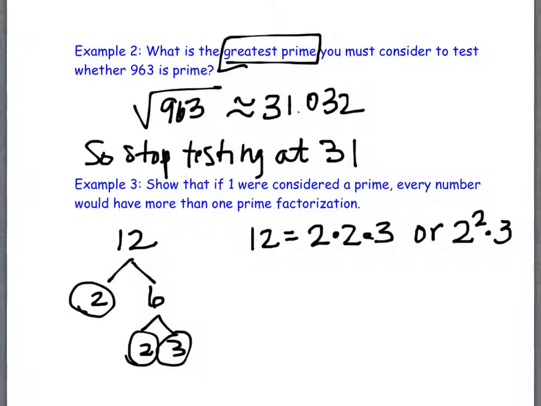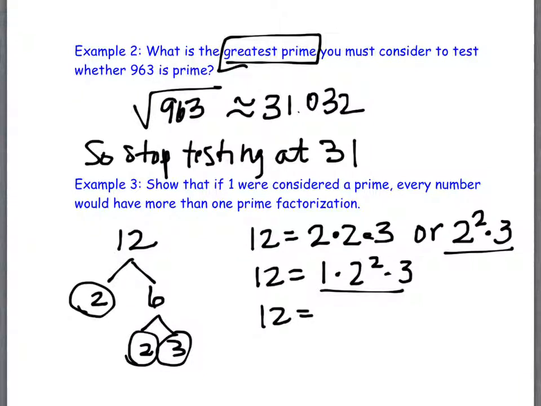Here's the problem. If 1 were a prime number, you could also have a prime factorization that said this is 1 times 2 squared times 3. And these would be 2 different factorizations. But it's worse than that, because you could also have 1 squared times 2 squared times 3.